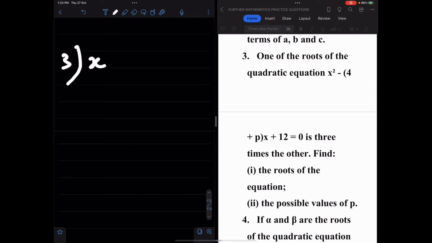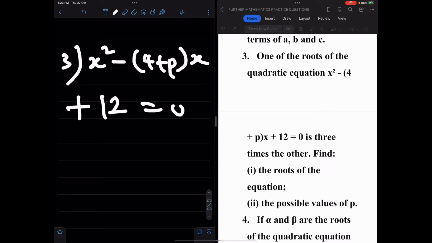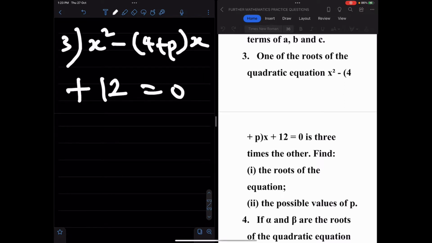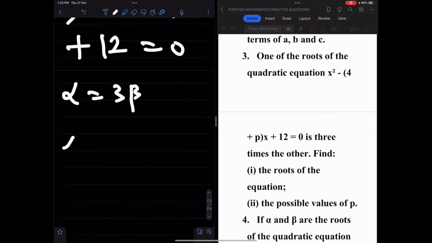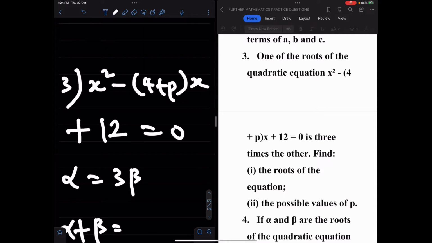Now the quadratic equation is x squared minus (4 plus p) times x plus 12 equals 0. Let alpha and beta be the roots. If one of them is 3 times the other, I can say alpha equals 3 beta. Now alpha plus beta is minus b over a, and in this equation b is minus (4 plus p).